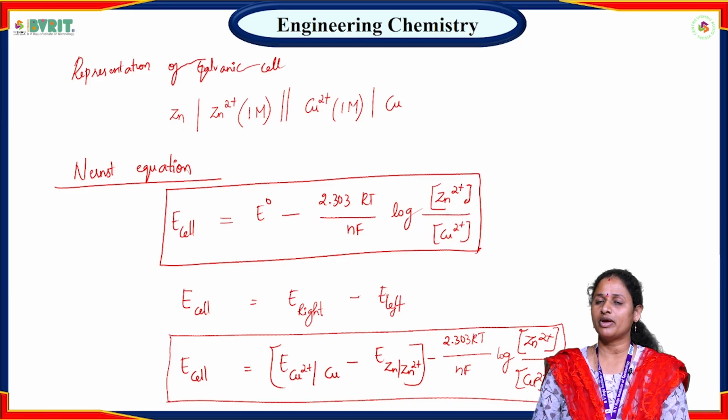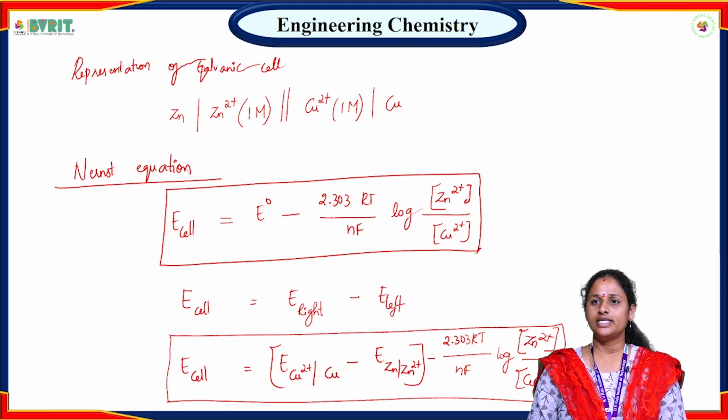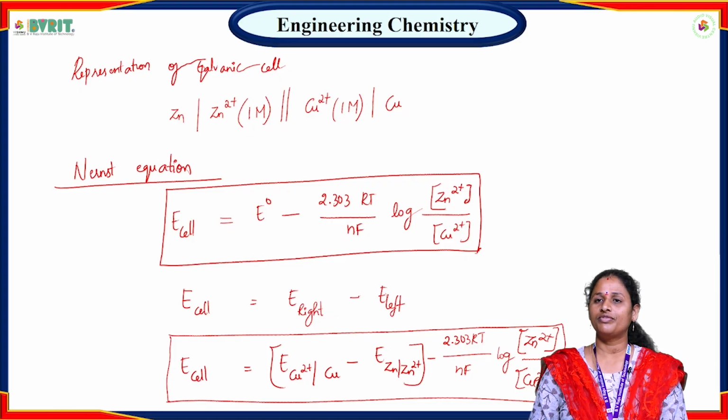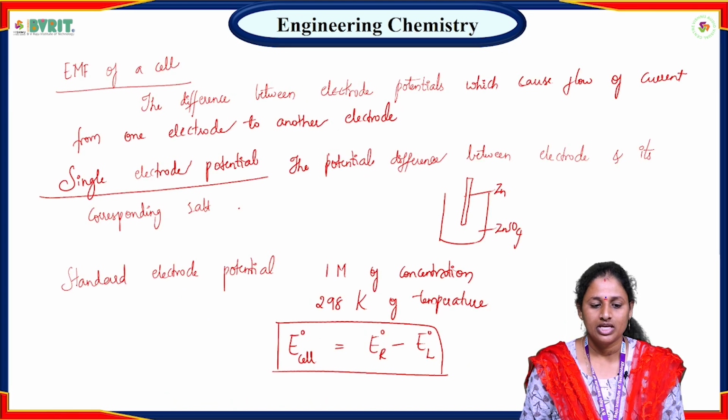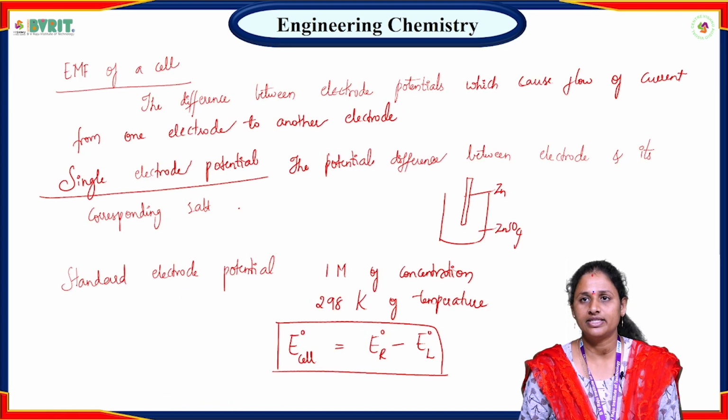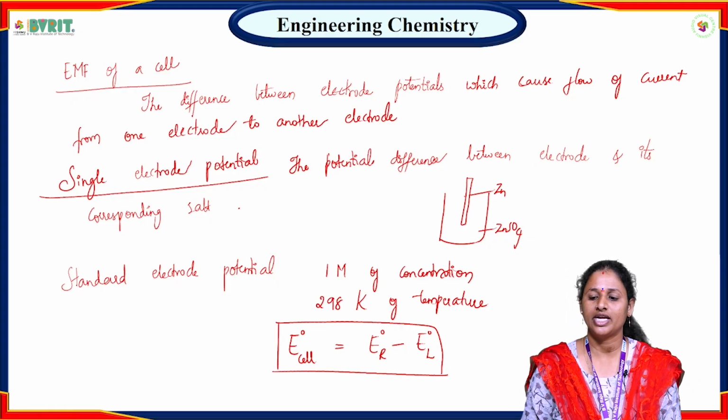Number of electrons may vary, 1 or 2, and Faraday here is 96,500. If you substitute all the values, then we get 0.06/n log of Zn2+ concentration by Cu2+ concentration.